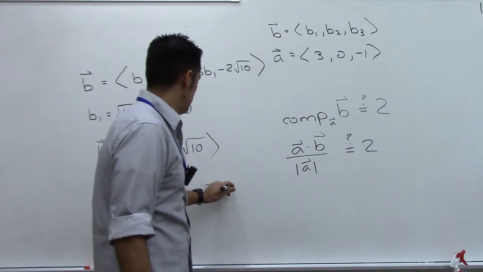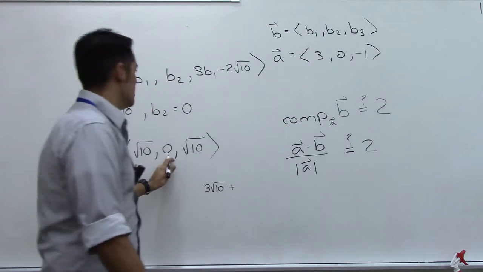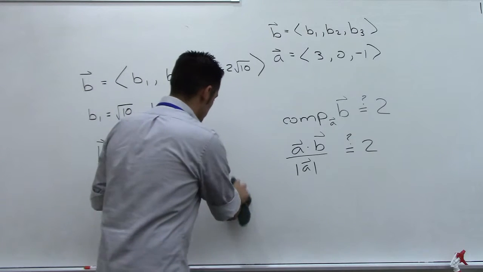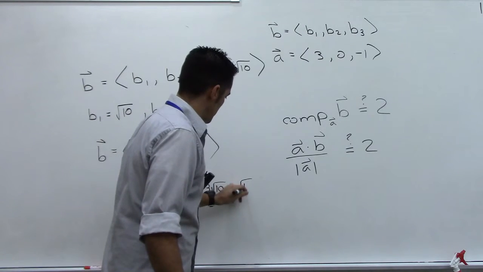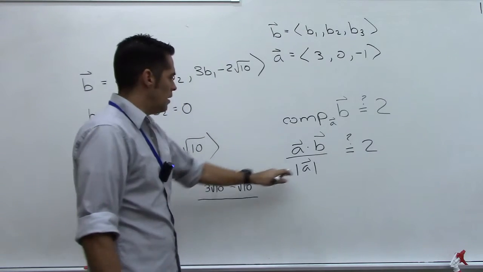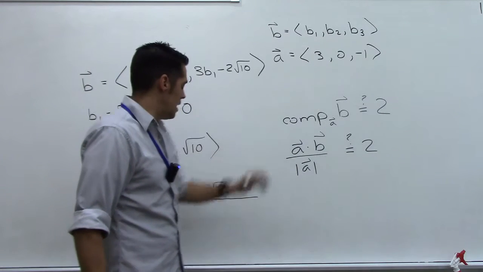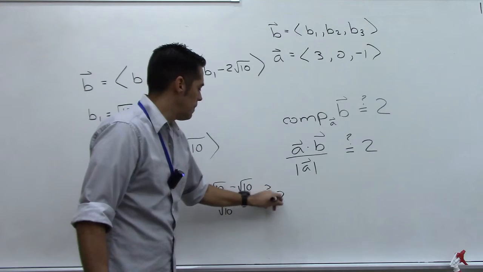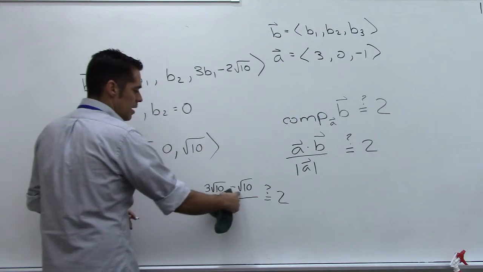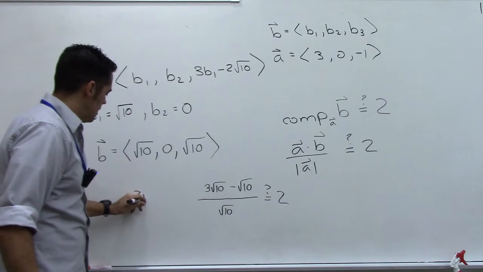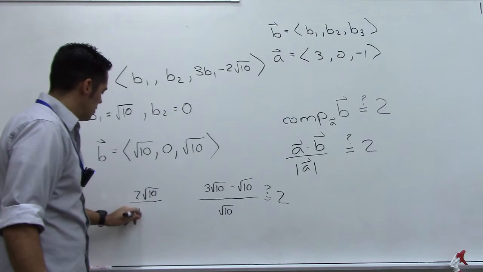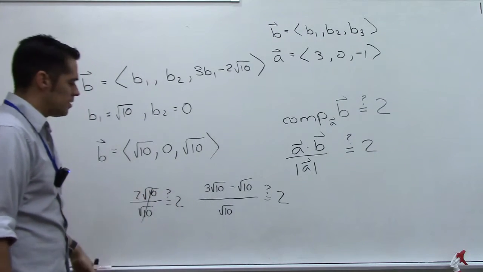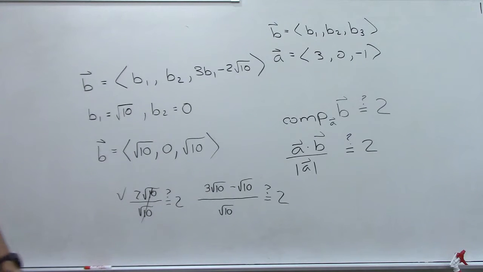And then plus 0 times 0 doesn't matter. Then negative 1 times root 10 is negative root 10, so minus root 10, over the length of A, but we did that earlier, that was root 10. Question is, is that equal to 2? Well, 3 root 10 minus root 10 is 2 root 10 over root 10. Is that equal to 2? Root 10's cancel, check. So it works.